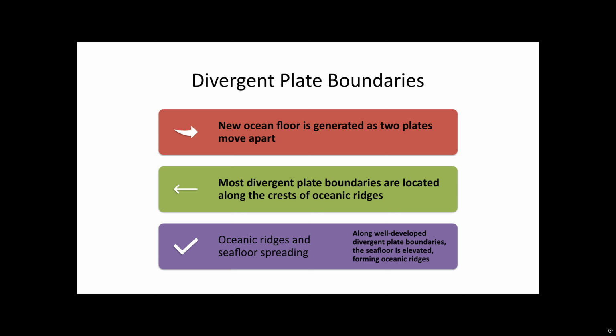Oceanic ridges are where seafloor spreading occurs. So along these well-developed divergent plate boundaries, such as the Mid-Atlantic Ridge, the seafloor is elevated, forming this ridge where the two plates move away and magma wells up.